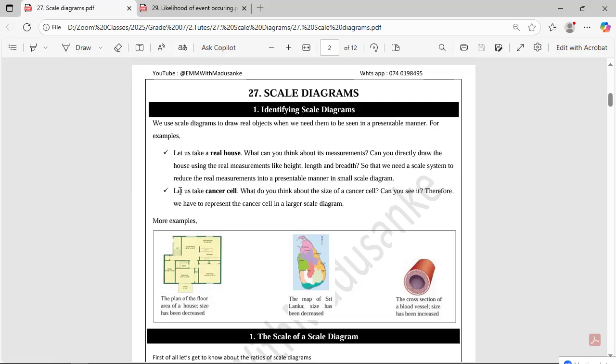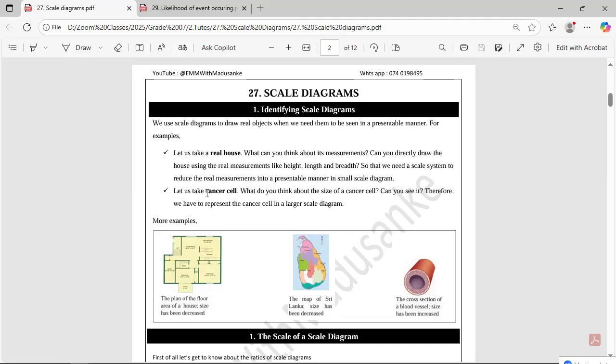Shall we take another one? Let us take a cancer cell. Can you see a cancer cell with your naked eye? You cannot see a cancer cell with your naked eye.